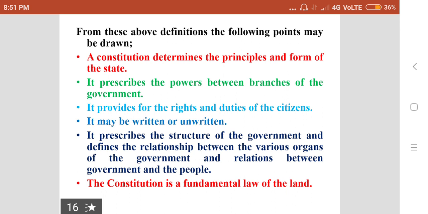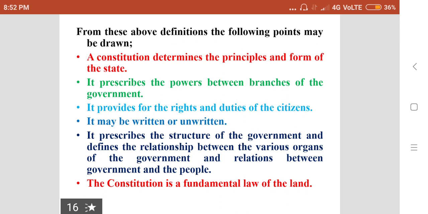A constitution determines the principles and form of the state. It prescribes the powers between branches of the government. It provides for the rights and duties of the citizens. It may be written or unwritten.